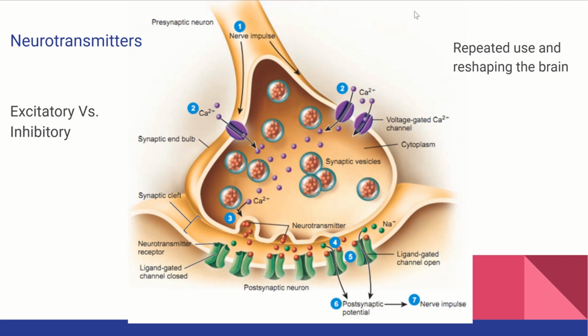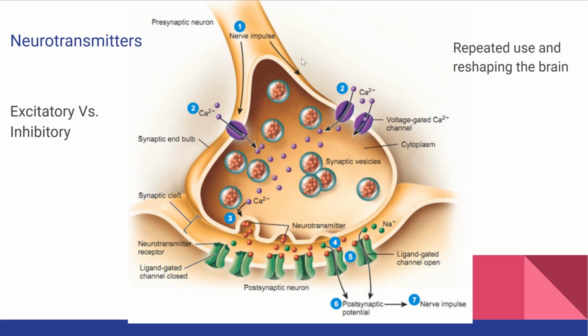And one of the things that we have to keep in mind is that how often these neurotransmitters are used and released into a synapse actually causes the postsynaptic neuron to change shape. Here's what I mean by that.